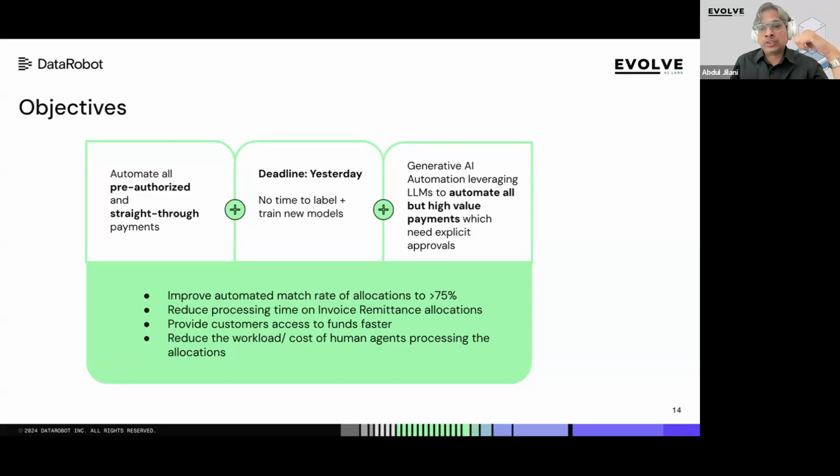The second one was, when we started off, the number was a bit lower than this, but as we did the POC, we ran a few smaller data sets through the LLM. We were able to get the accuracy or a match rate from our POC, and that rolled up into this as well. Okay.